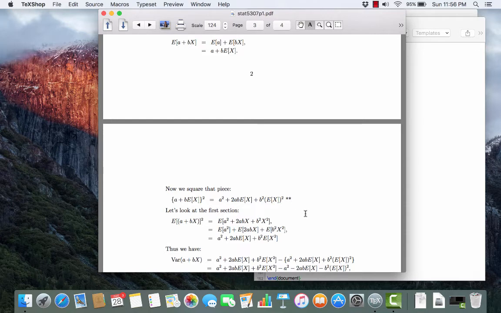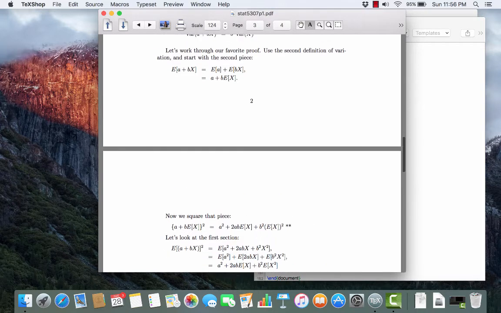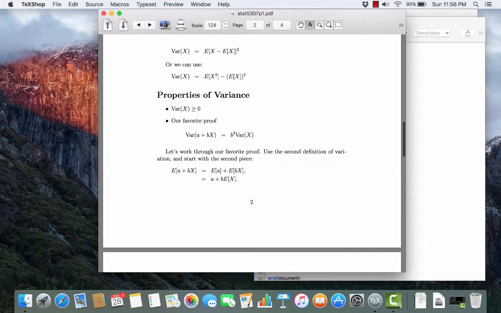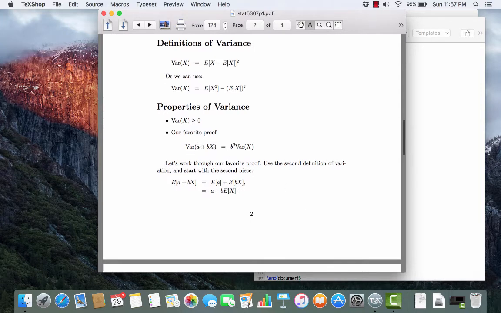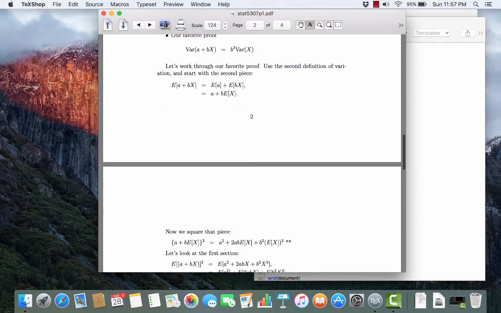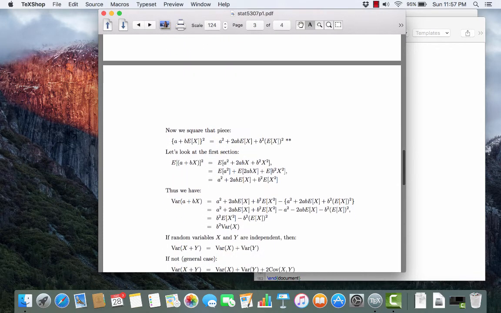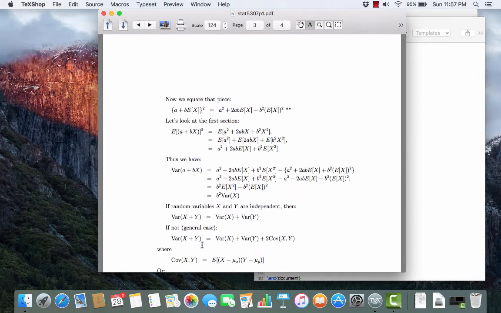Okay? Now, I'm going to take the first section. Let me scoot back for a minute. So I need to take x, the quantity squared. So the x is that first stuff in here. So that would be like your h of x. All right? So I need to square this whole piece before I use the expectation operator.